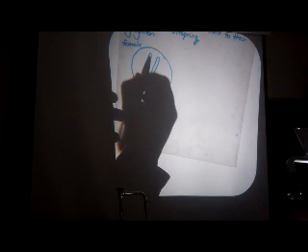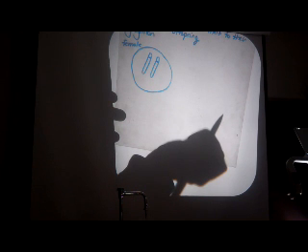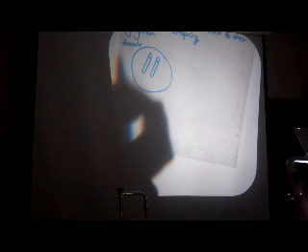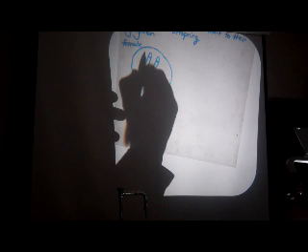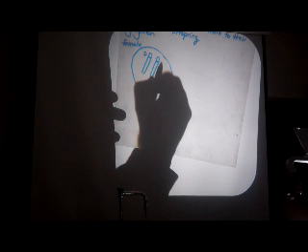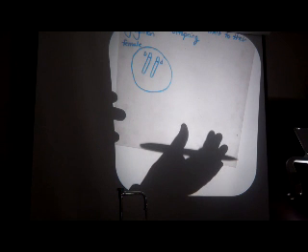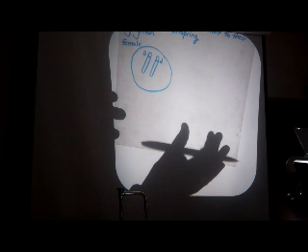I want to talk about this gene location right here. We'll make it for dimples. Let's say the female has a big D at one allele and a small d at the other allele. So obviously this female has dimples.